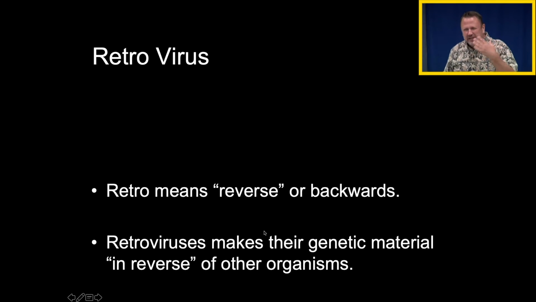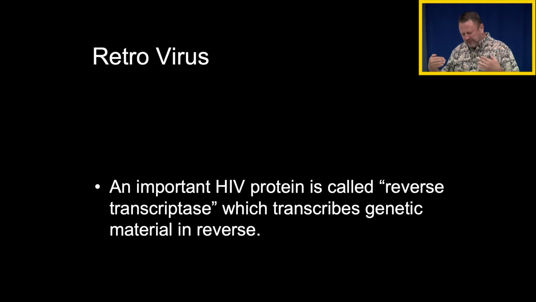It has an enzyme that makes genetic material in reverse of what we consider to be the positive direction. And so this important HIV protein called reverse transcriptase, it's called reverse transcriptase because it transcribes the genetic material in reverse of what we consider to be the forward direction. We will use reverse transcriptase inhibitors to fight these HIV infections.